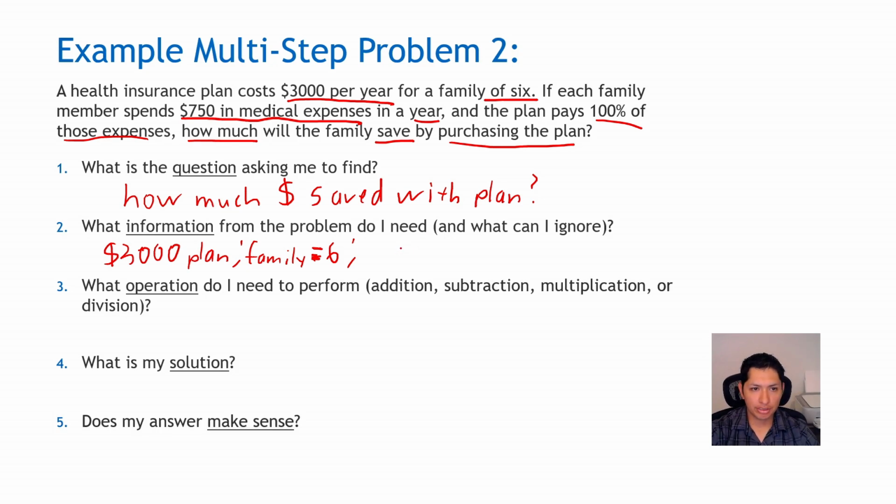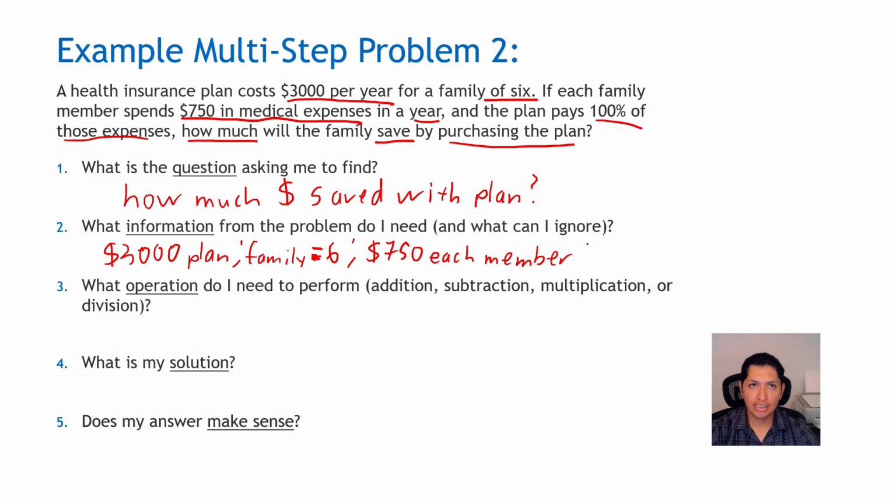Each family member spends $750 in medical expenses in a year. So $750 each member. And the plan pays 100% of those expenses. Now, I'm not going to use that information. I don't see how I'm going to use that information to calculate the answer.